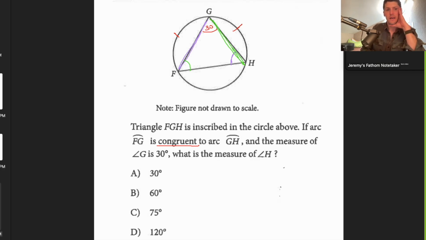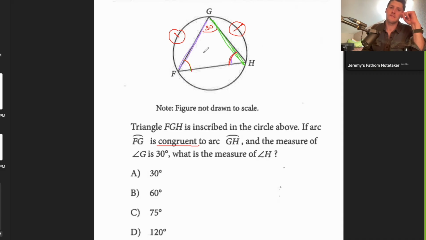What I'm going to say is that if this arc length and this arc length are the same, then so too, the basic fact is that angle H is congruent to angle F based on that fact. That's like a property of inscribed angles. It's worth knowing.